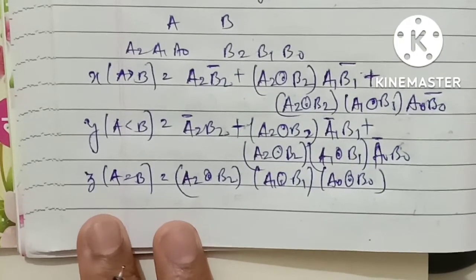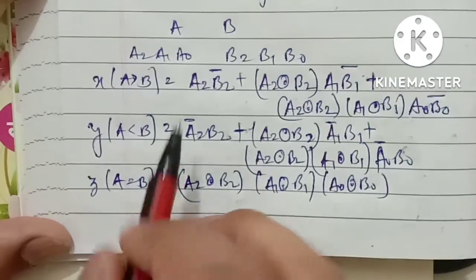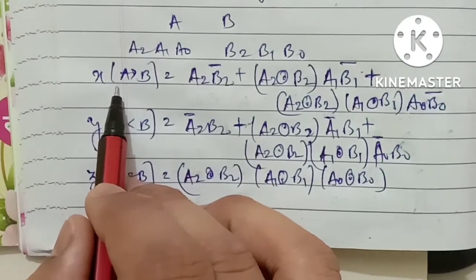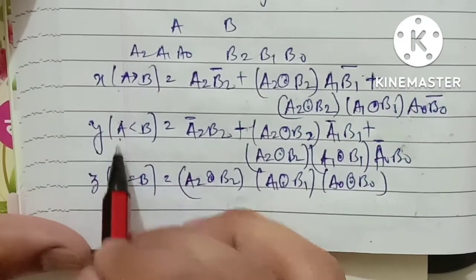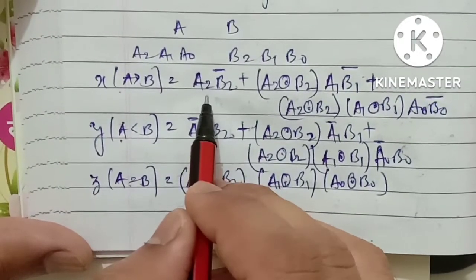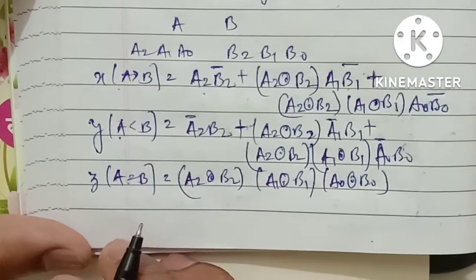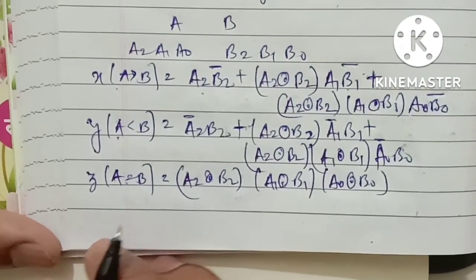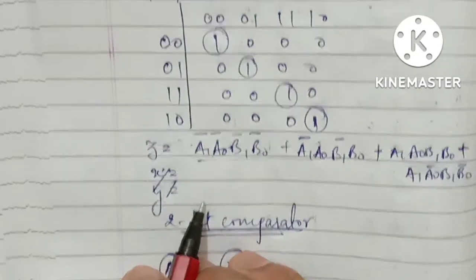In a comparator, one number will be greater, less or equal, three conditions will happen. Whenever the number is less, on that number only there will be a bar, otherwise nothing. So I think this is clear, and the 2-bit comparator too, and we got this equation from the truth table.